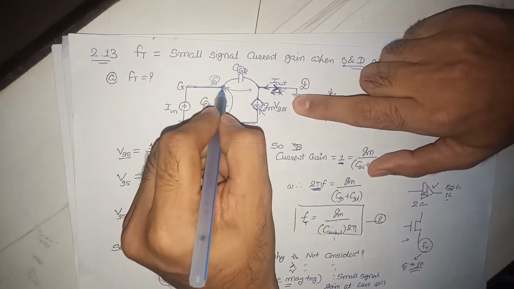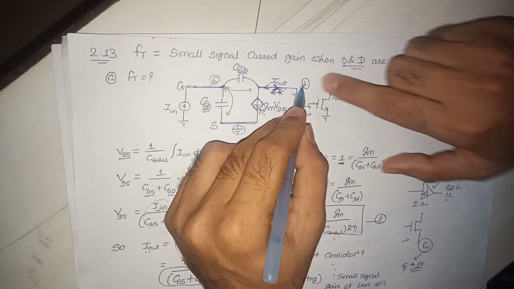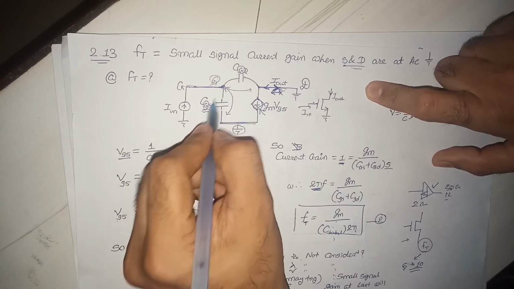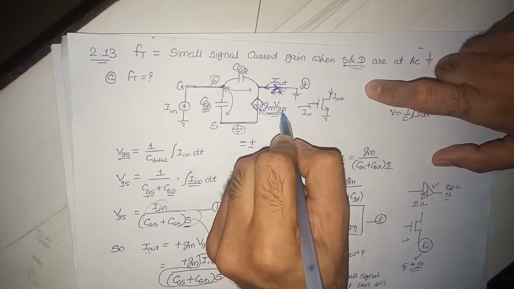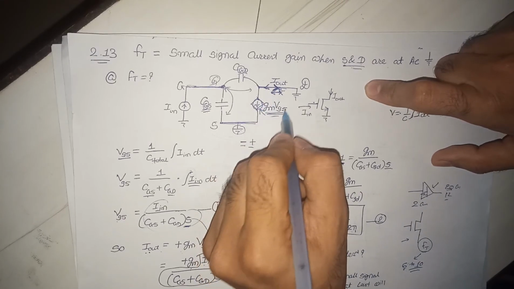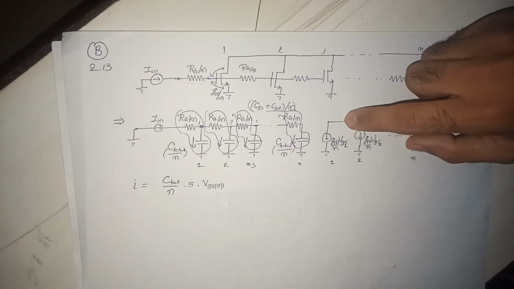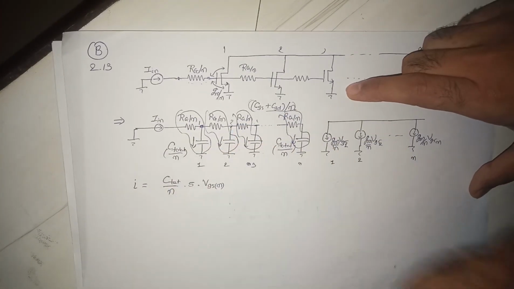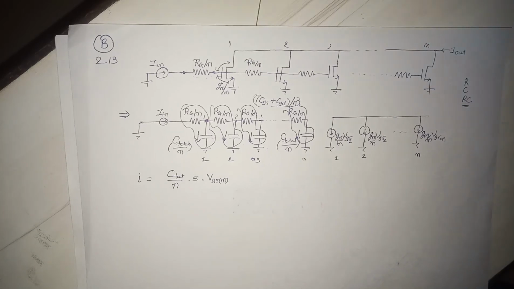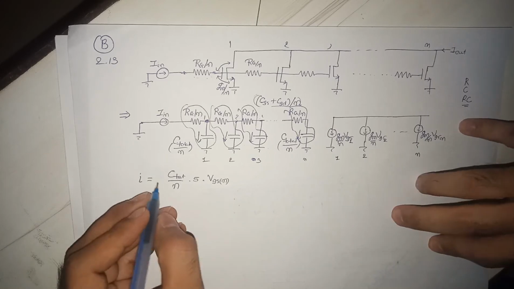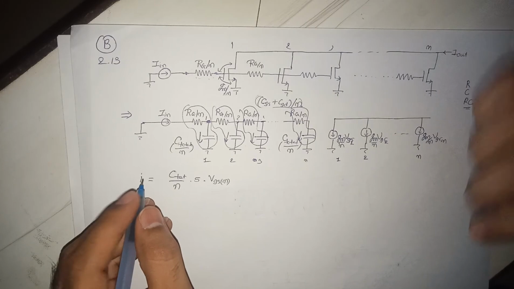From the gate terminal to source, which is grounded, and drain is also grounded, because that is the condition here, CGS plus CGD will come, and here gm into VGS is I out. Right now we are considering the voltage here, here, here. The motto is to calculate the current gain of the individual transistor and then to merge it.